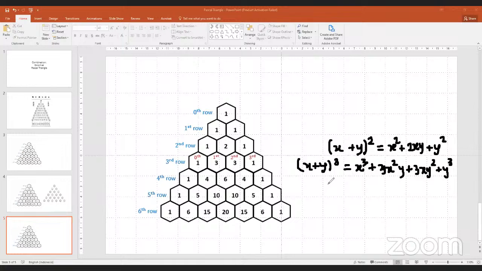Yeah. So now you may notice that the coefficients are exactly those of the triangle. Here you have 1 here and 1 here, so that is 1, 2, 1. And here, the same thing, you have 1 there and 1 here, so that is 1, 3, 3, 1.